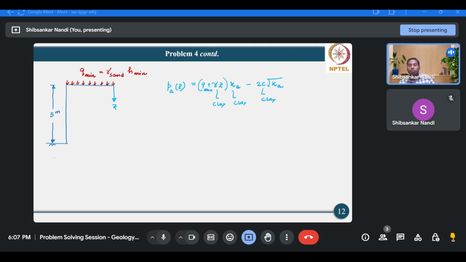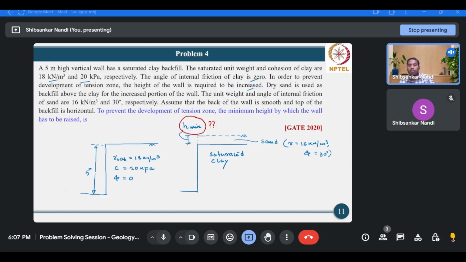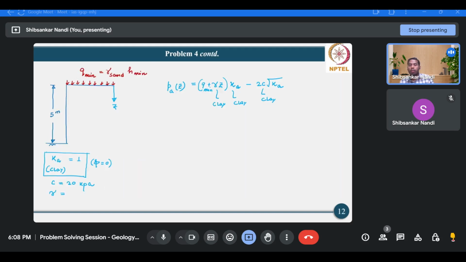What is the K value for clay? This will be simply 1 because your phi value is 0, angle of internal friction is 0. So this is saturated clay. And what is the C value? C is 20 kPa. And what is the gamma value? Gamma is 18 kilonewton per meter cube.